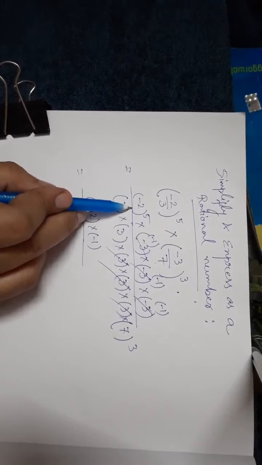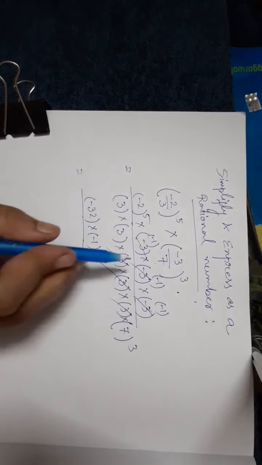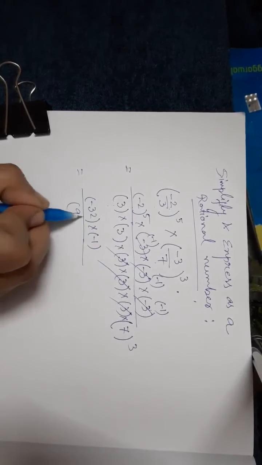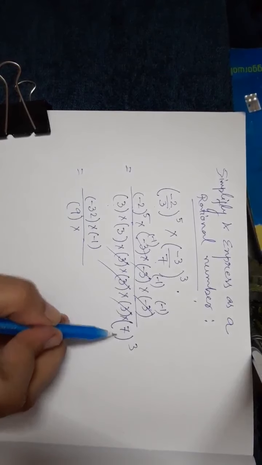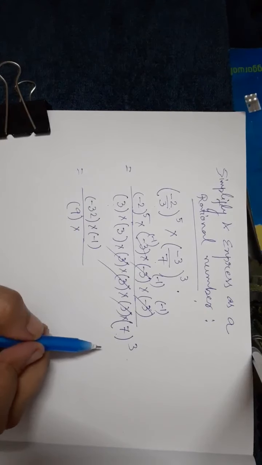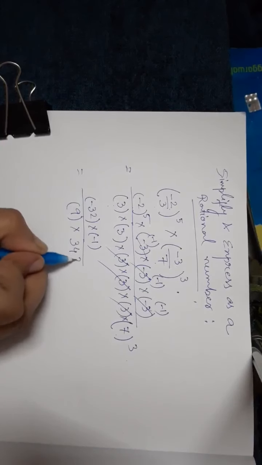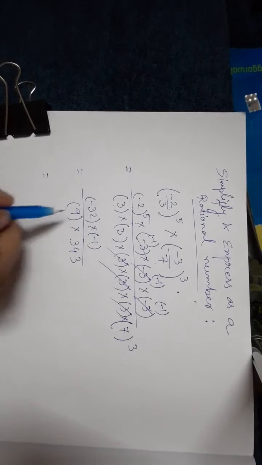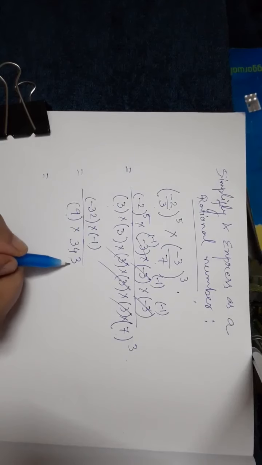This is minus 2 to the power 5, that means minus 32, and minus 1 into minus 1 into minus 1 is minus 1. Now here we are getting 3 and 3, that means 3 3s are 9, into 7 raised to the power 3, which means 7 into 7 into 7, that is 49 into 7. Then we get 343.